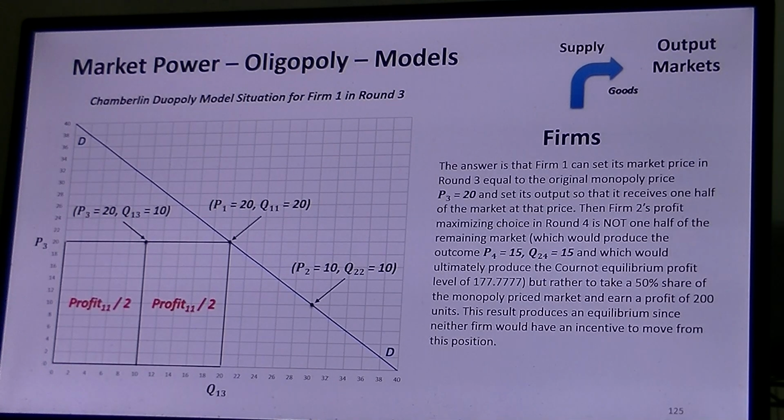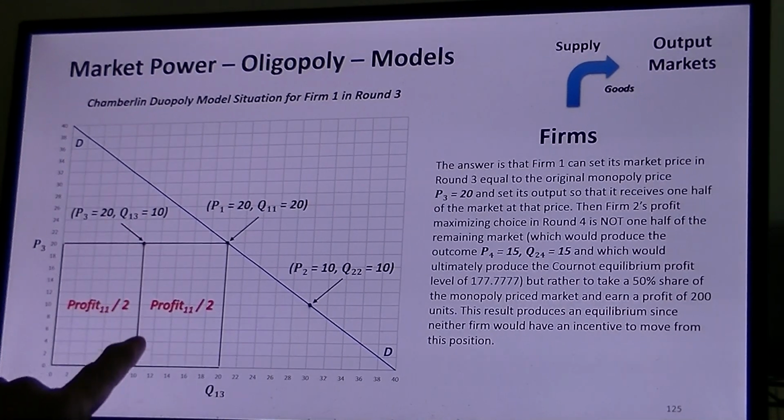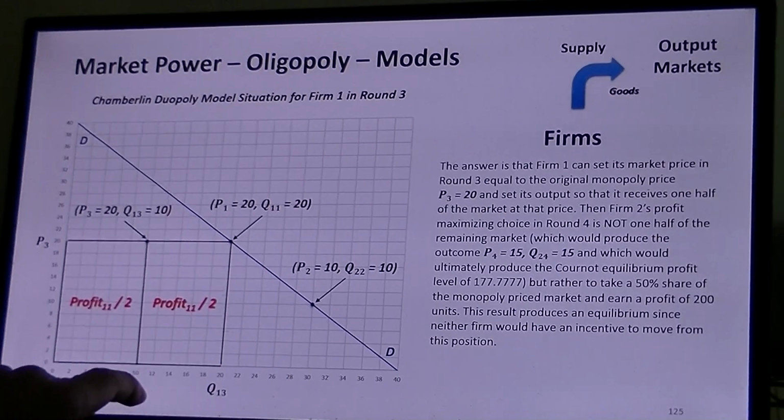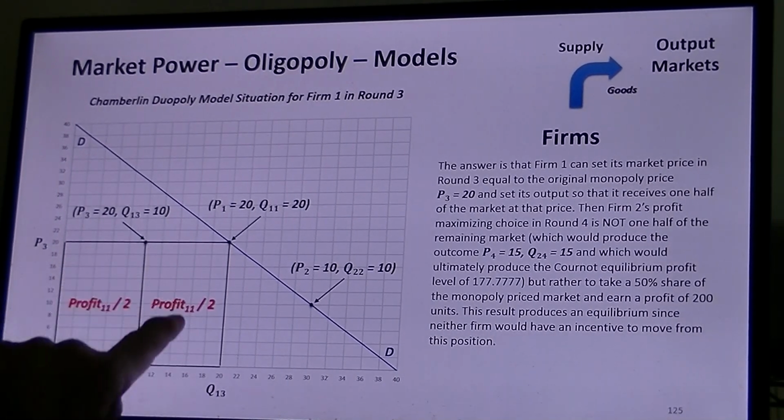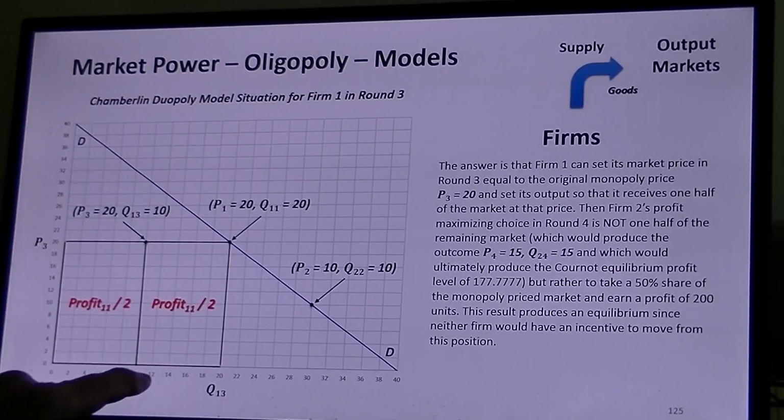The answer is that firm 1 can set its market price in round 3 equal to the original monopoly price, so that they don't change their price, but set their output so that they leave some profit for firm 2.